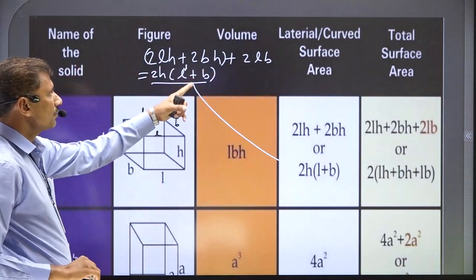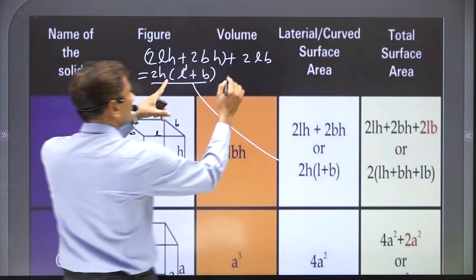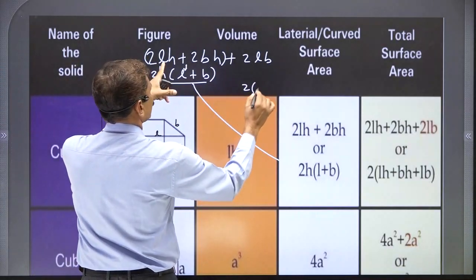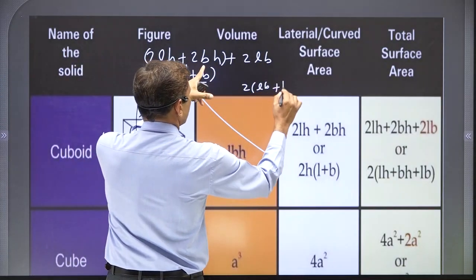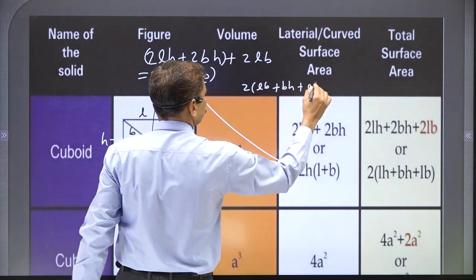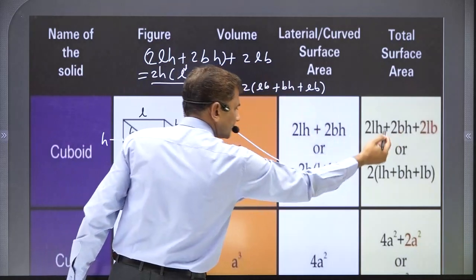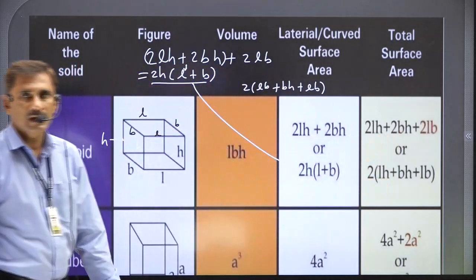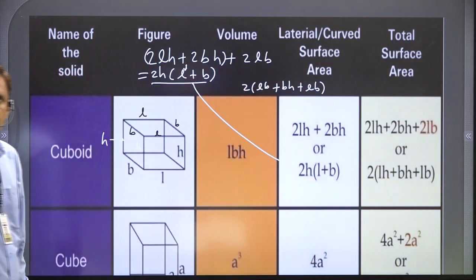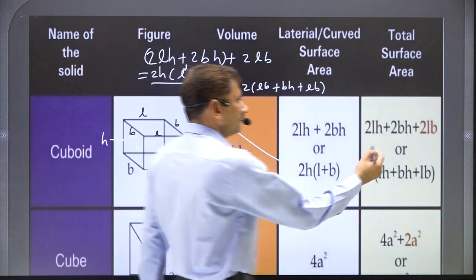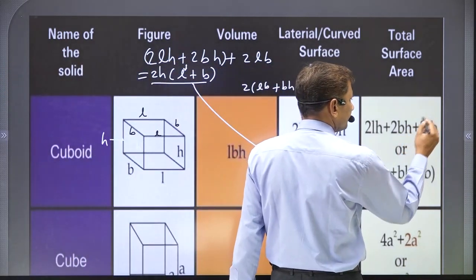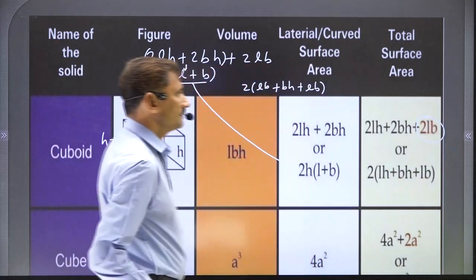So if you take 2 common, then it will become 2 times LH, BH and LB. So you understand where all these three terms come from and how to take them in common. They have marked this part with a different color.